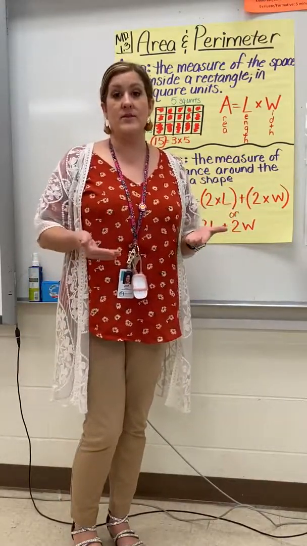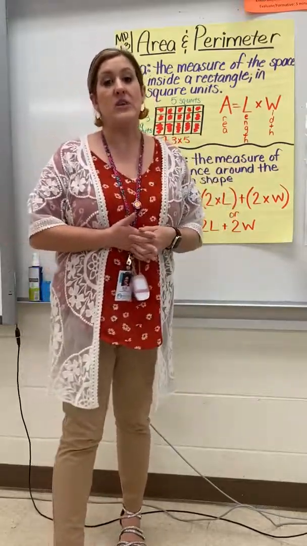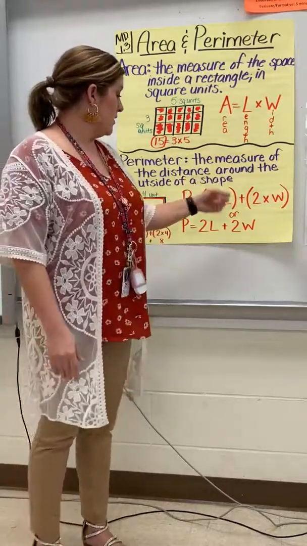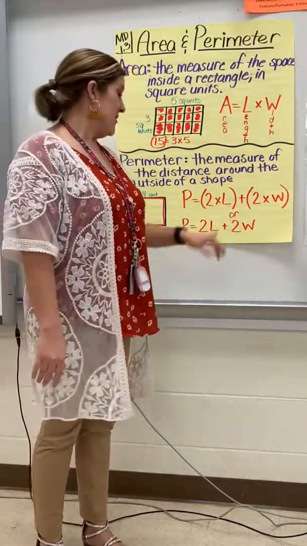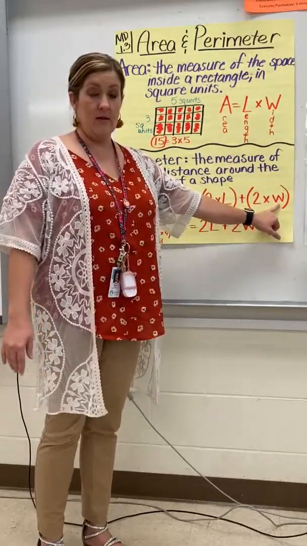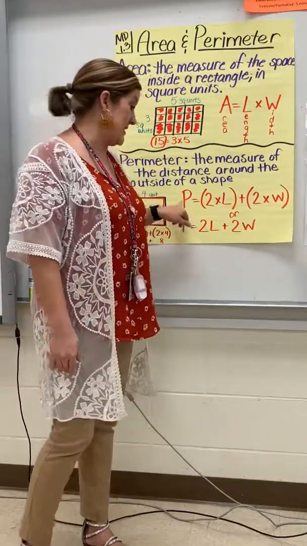It allows them to use that so they don't have to memorize the formulas, but they have to know how to use them. So here's an example. Let's say, this one's kind of easy, but let's say we know our length is 4, but we don't know the width.